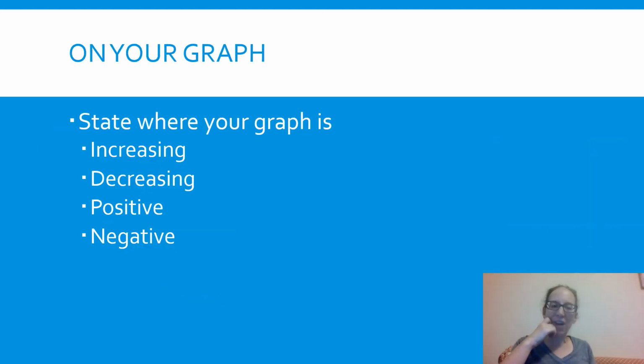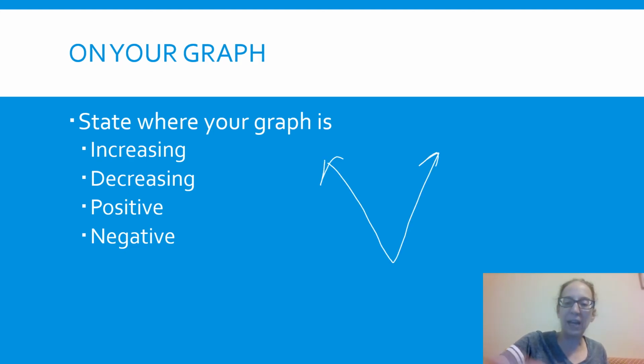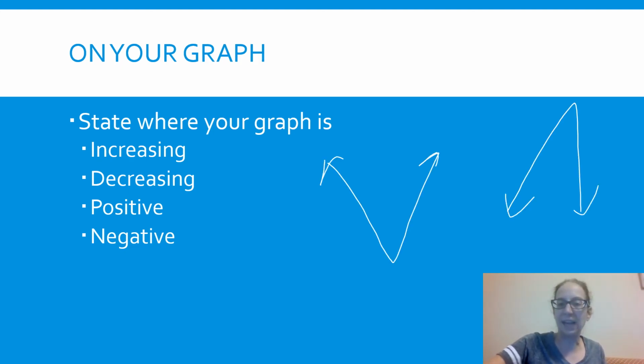So on your graph, state where your graph is increasing, decreasing, positive, and negative. It is possible with an absolute value function that it might not be positive anywhere, or it might not be negative anywhere. That is possible. Now, because of the shape of an absolute value graph, it will be increasing and decreasing at some point.